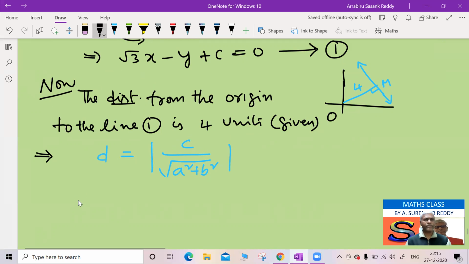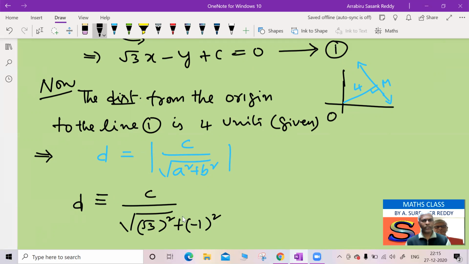Here c value is as it is, c by root of a square plus b square. This is root 3 square and b value minus 1 square, the coefficients of x and y, and that is given as 4.